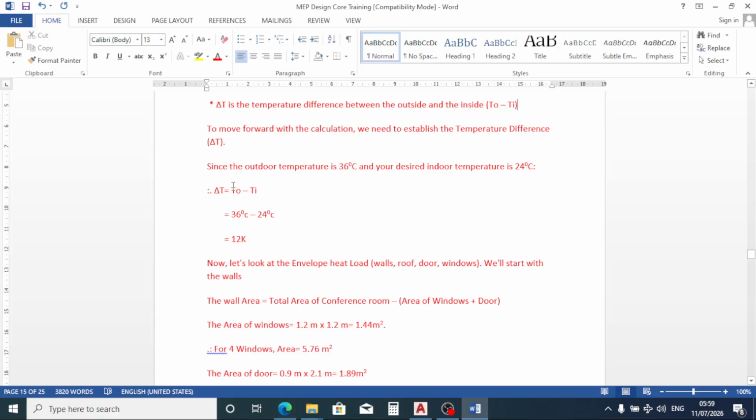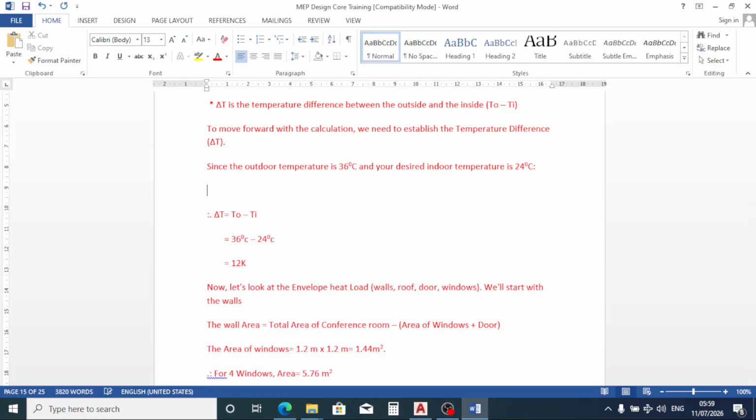Alright, having said that, now let's convert our temperatures, which are in degrees Celsius, to Kelvin. You will see why we are converting them to Kelvin. We are doing it to make our units consistent.